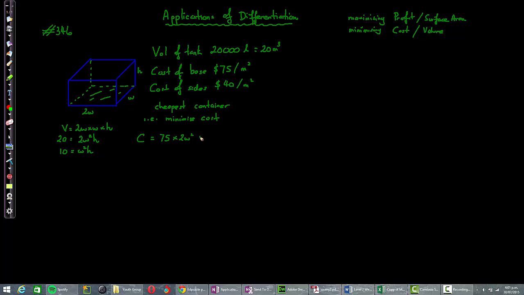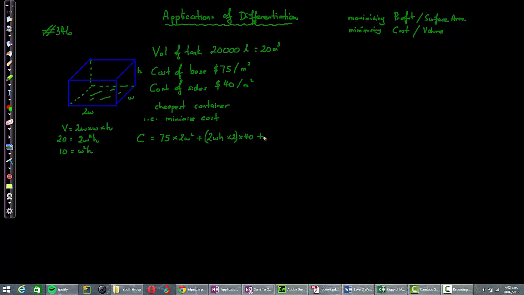Okay, the next bit, let's go on and add now the sides. Well, the sides, notice, have two different dimensions. If we take the front here, it's 2W times H, and we have two of those. So we've got 2WH times 2, and that's going to give an area of the front and the back, and that is going to be times 40, because it's $40 for each of those square meters.